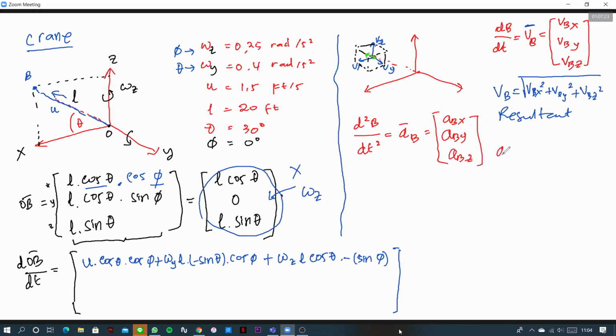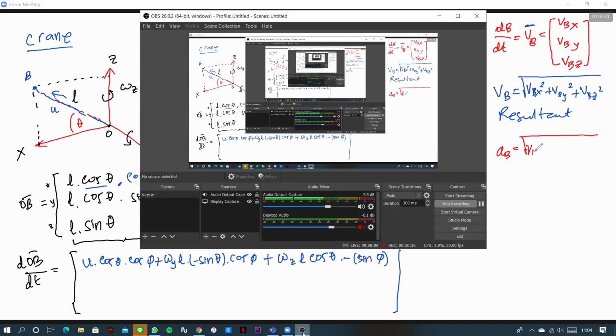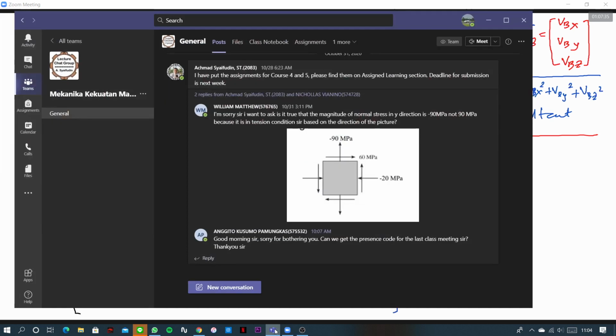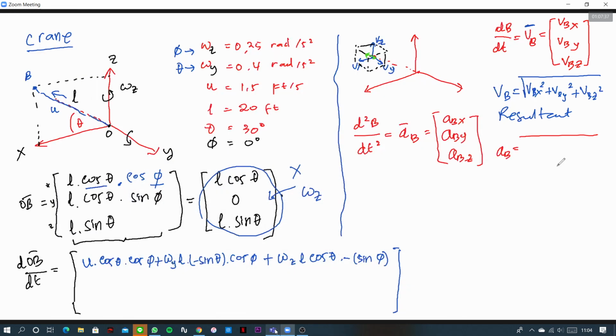So what is the total acceleration of b? Is the resultant of point, not v, sorry, should be a, is the total of a_bx² plus a_by² plus a_bz². Okay, so this is the resultant.